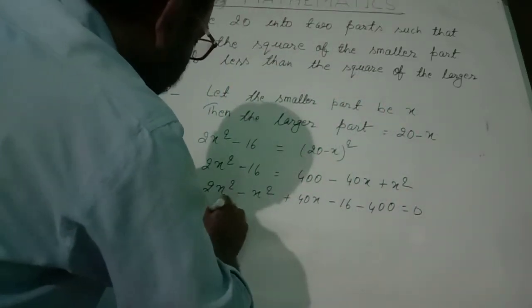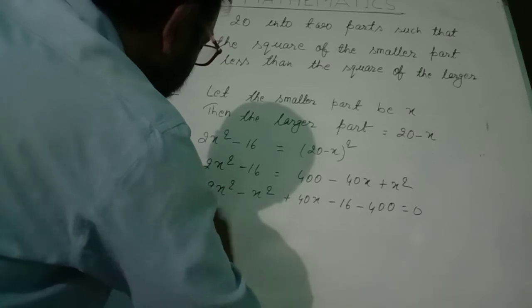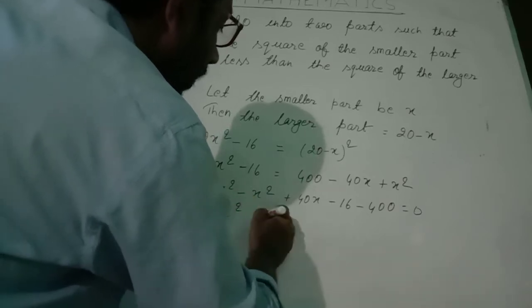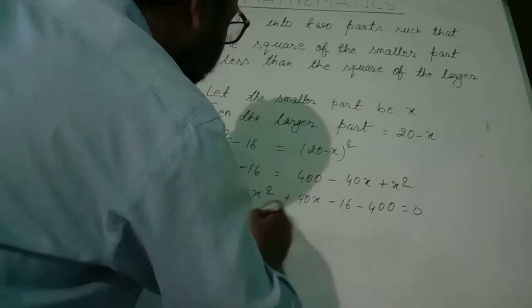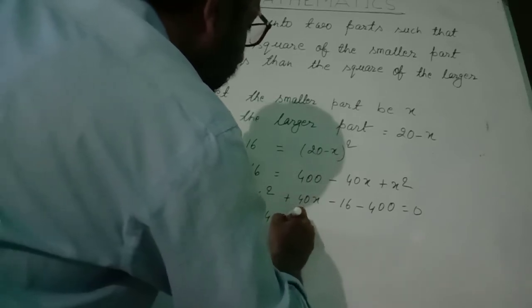So our quadratic equation is x square plus 40x minus 384 equal to 0.